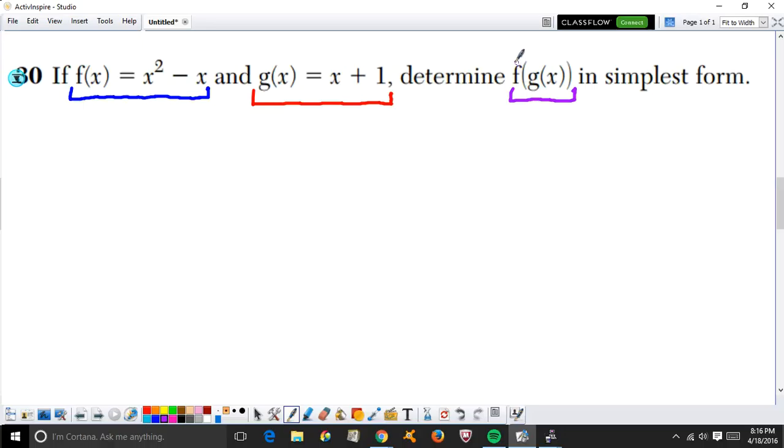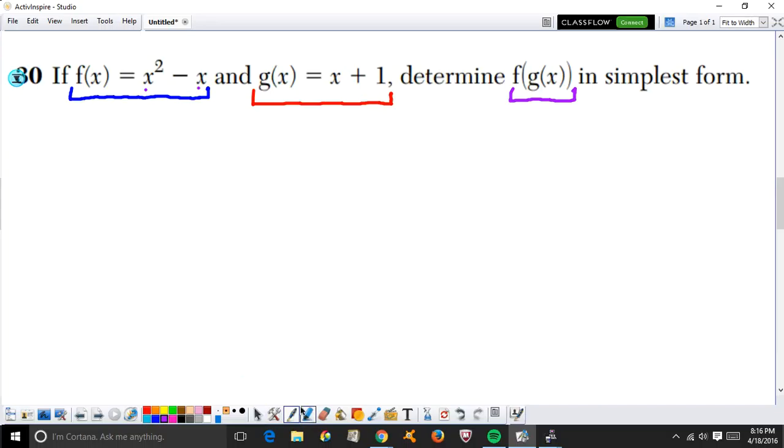It means the function that is on the outside, which is f, we're going to get that function and we're going to substitute g of x every time we see an x. So what is function f? Function f is in blue. What is g? g is in red. So we're going to look at function f, and every time we see an x, we're going to substitute g of x. We're doing composition between those two functions.